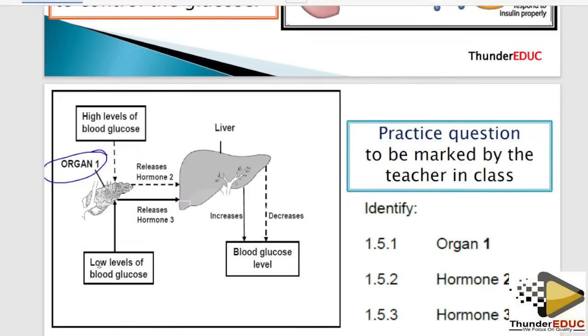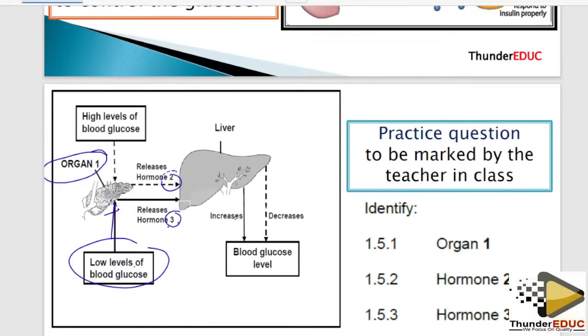Anyway, then low levels of blood glucose, yes, but here something is still going to the pancreas. And then now this release of hormone 3, release of hormone 2. See?